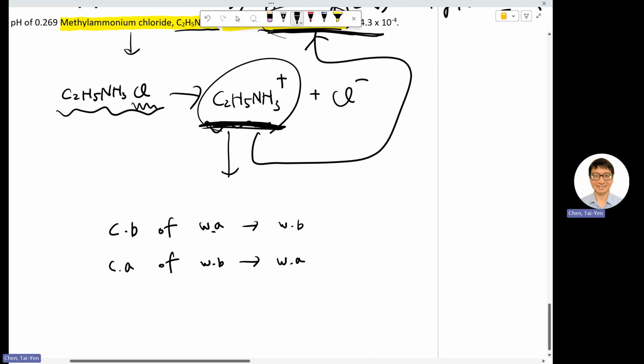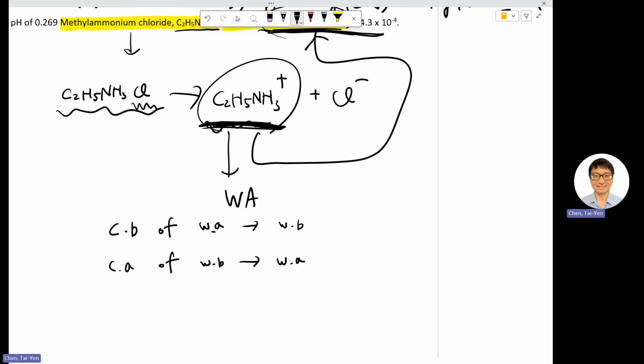So we know this one is what? Weak acid. Do you know how to calculate the proton concentration of a weak acid? You do: the square root of the concentration of whatever you have in the beginning multiplied by Ka. Do you have Ka here? You don't.